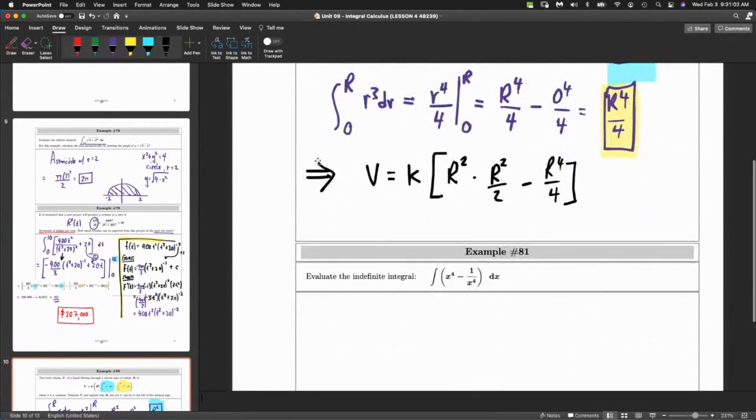And we certainly have achieved the final answer as desired. You can clean it up by hand on your own. You should get R to the 4 over 4. And that's the answer to the question.